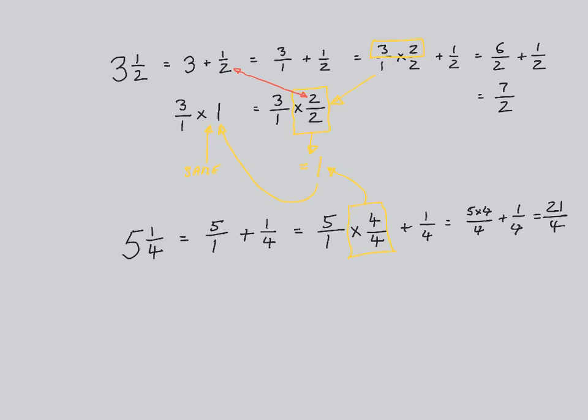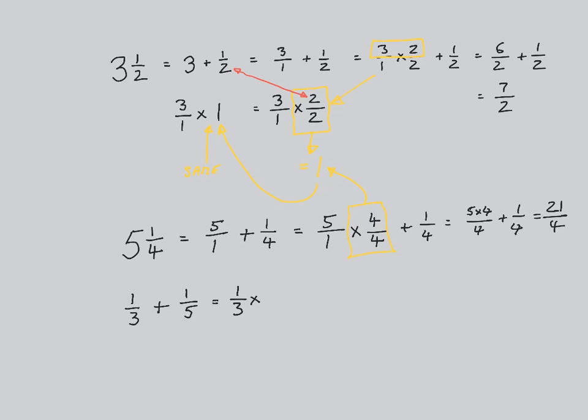Because if I want to add together two fractions, let's suppose that I have a third plus a fifth, 1 over 3 plus 1 over 5. The way I'm going to do this is the way I just did it. I want to make the bottom the same for both fractions.